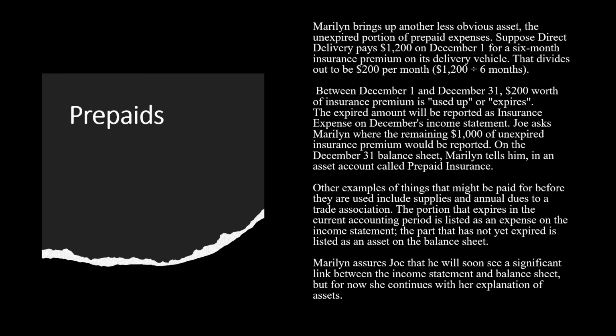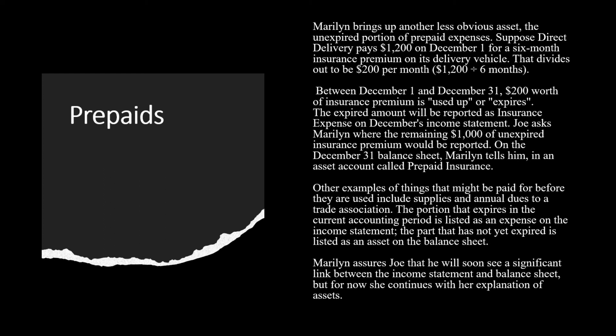Prepaids. Marilyn brings up another less obvious asset: the unexpired portion of prepaid expenses. Suppose Direct Delivery pays $1,200 on December 1st for a 6-month insurance premium on its delivery vehicle. That divides out to be $200 per month, $1,200 divided by 6 months.